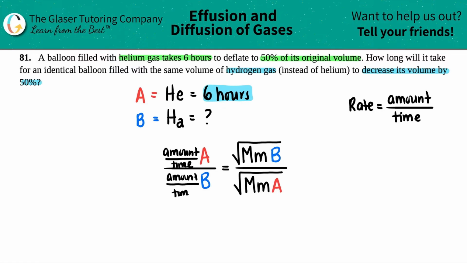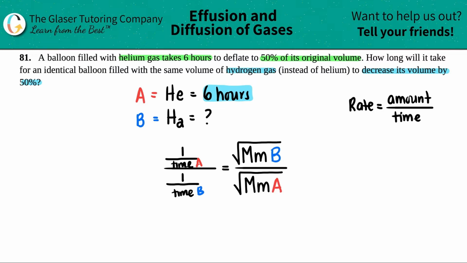But remember, if the amount is the same for both of them, I can get rid of it. And if I get rid of this variable, I'll just put a 1 on the top here, right? 1 over time divided by, get rid of this, 1 over time. And now this A value is just designated to the bottom, the time of A, divided by the B value is just on the bottom here.